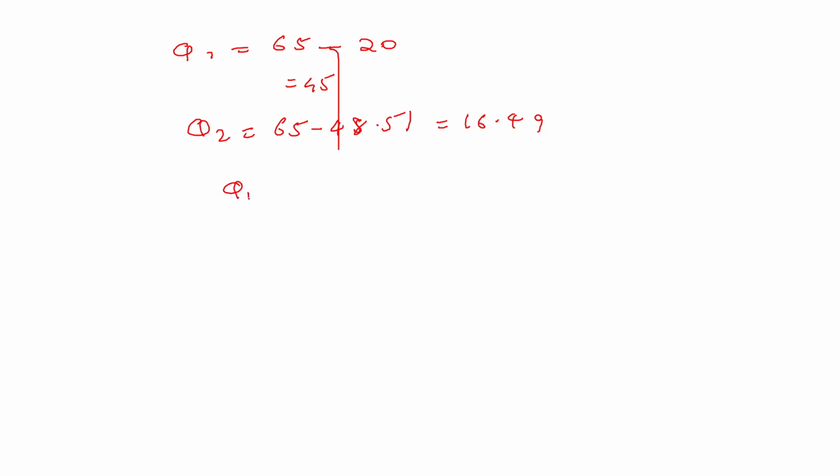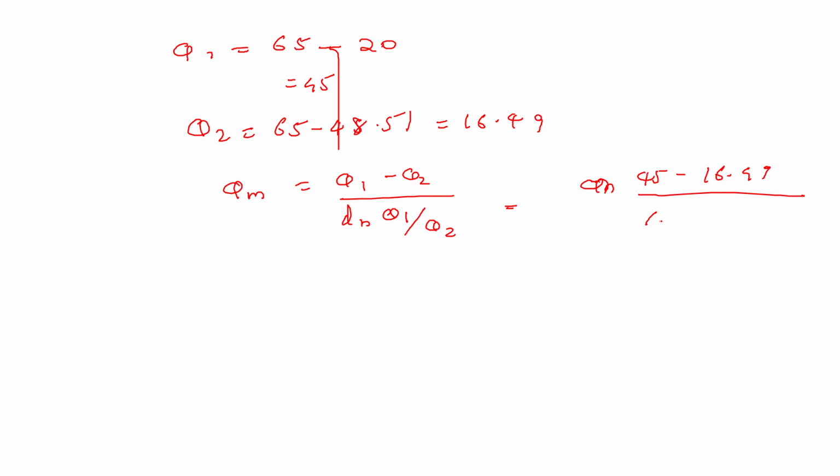Okay, so LMTD will be delta T1 minus delta T2 divided by log of delta T1 divided by delta T2, so 45 minus 16.49 divided by log 45 divided by 16.49, so it will be 28.3.